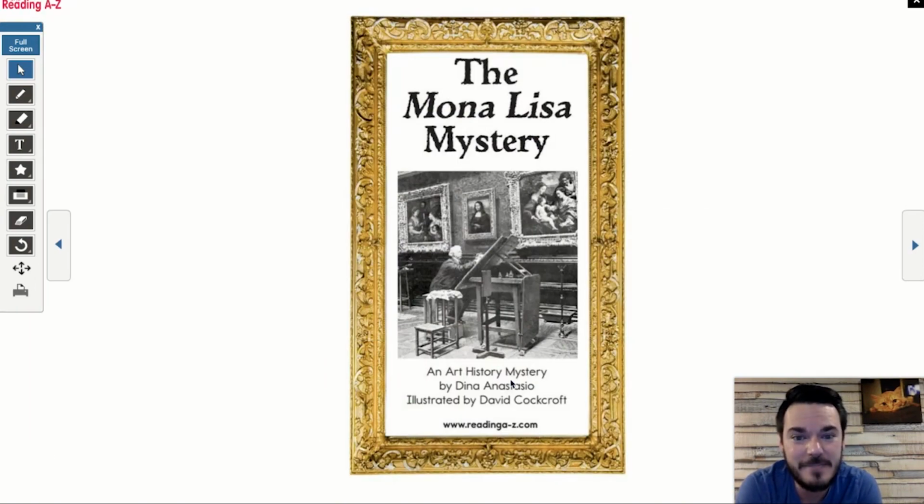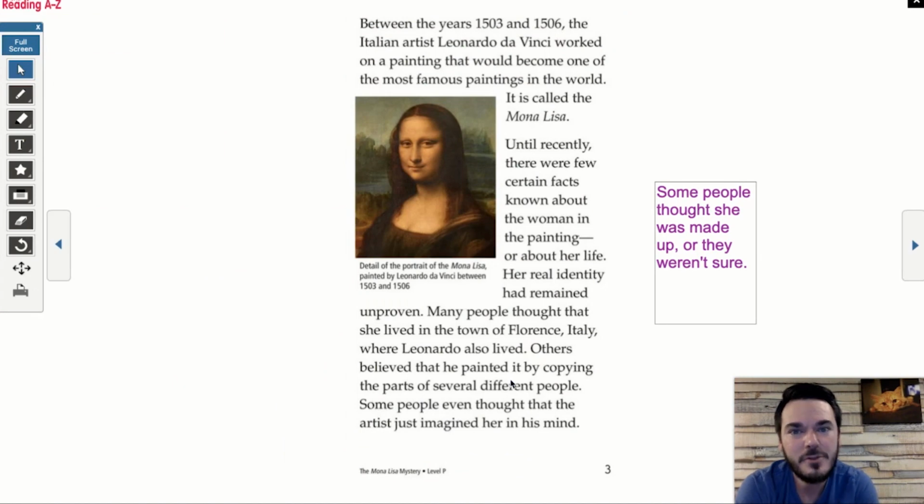The Mona Lisa Mystery. Between the years 1503 and 1506, the Italian artist Leonardo da Vinci worked on a painting that would become one of the most famous paintings in the world. It is called the Mona Lisa. Until recently, there were few certain facts known about the woman in the painting or about her life. Her real identity had remained unproven.